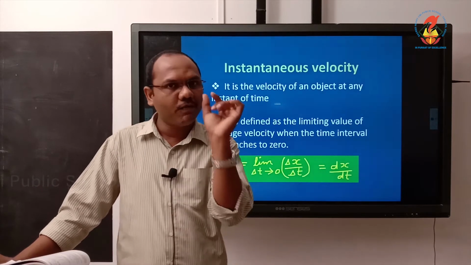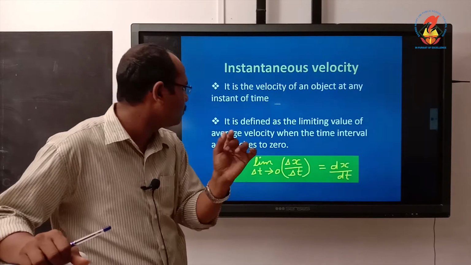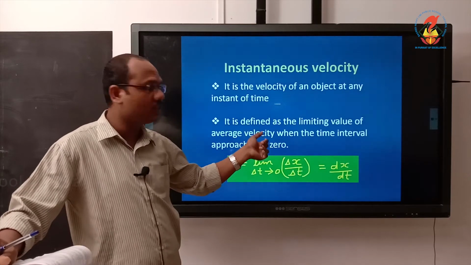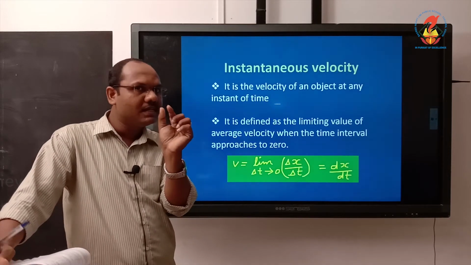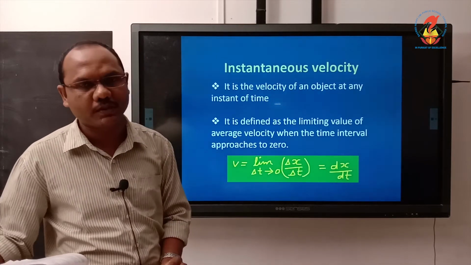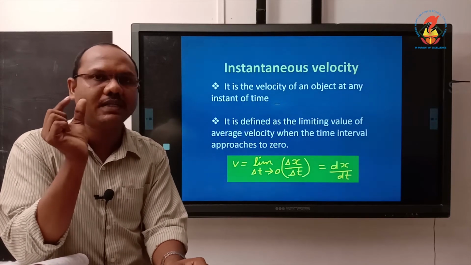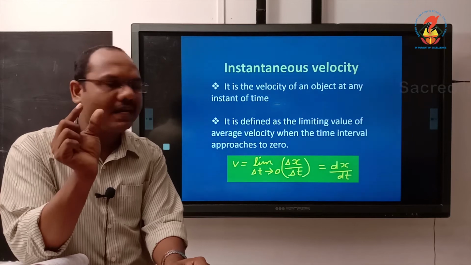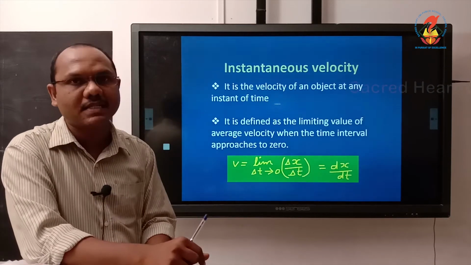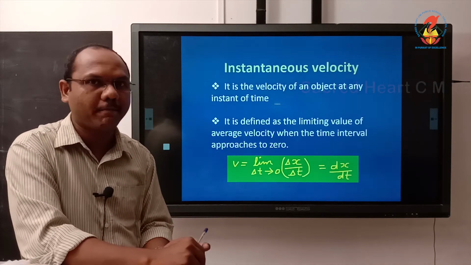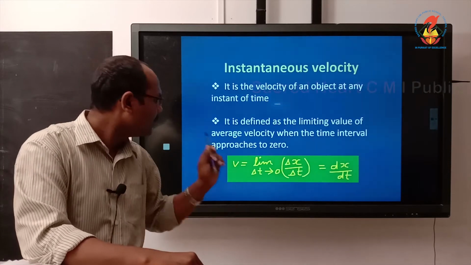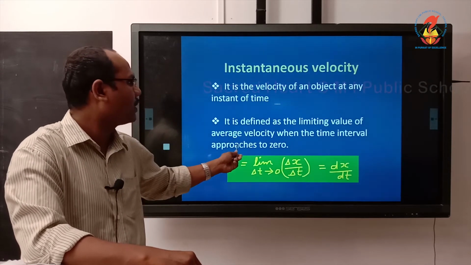So when the time interval is very small, when it approaches 0, then the speed is almost constant. So we will take such a short time interval and find the change in that particular interval.